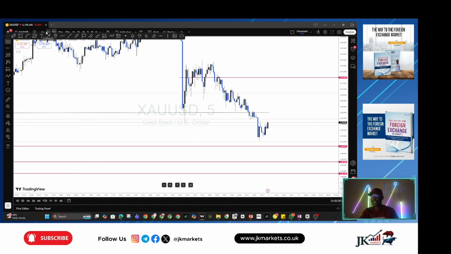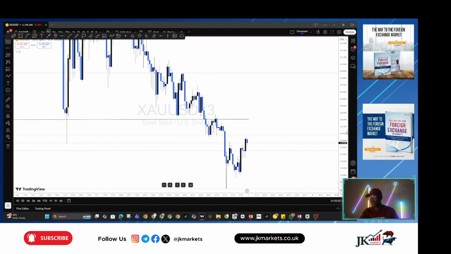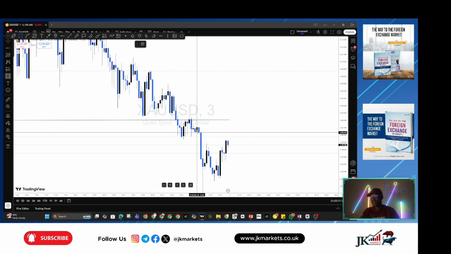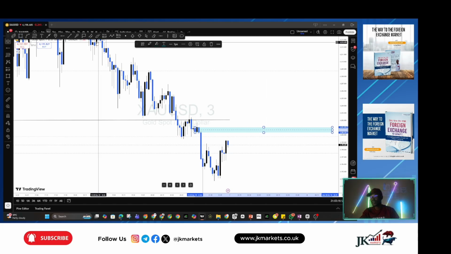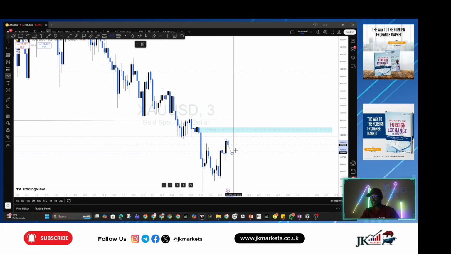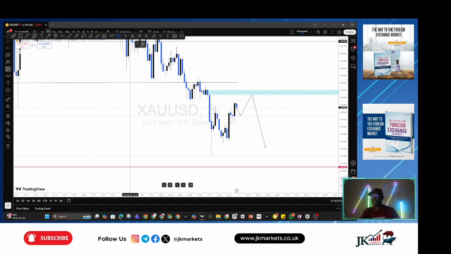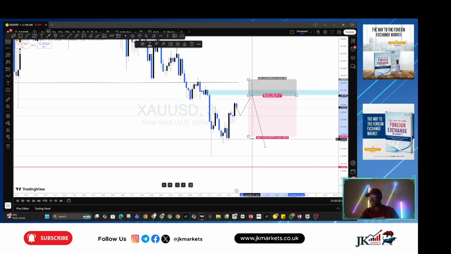So if you're interested in picking the buy straight up, which is not ideal, I would rather wait for maybe a sell around this area here. So when market opens, there should be maybe something like this. However, you have to wait for a confirmation candle to be in the trade.